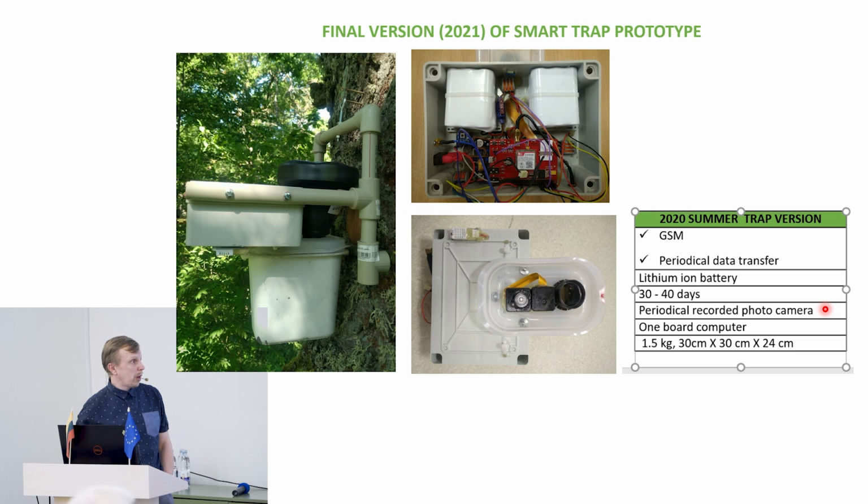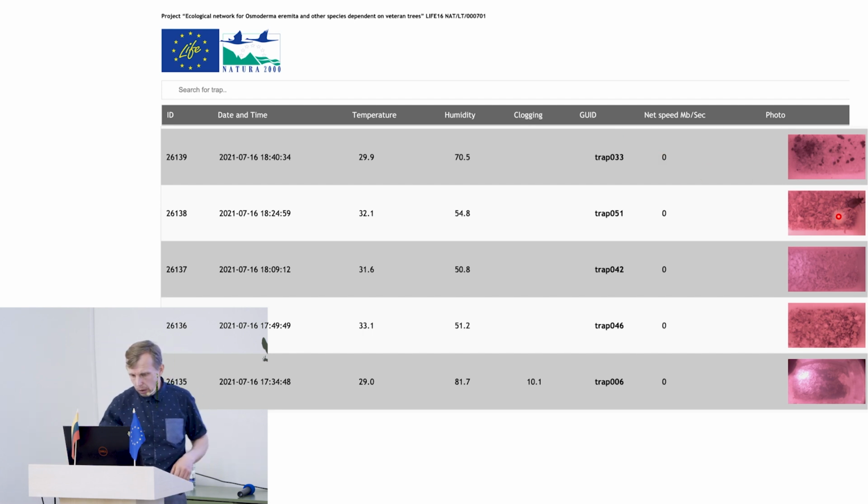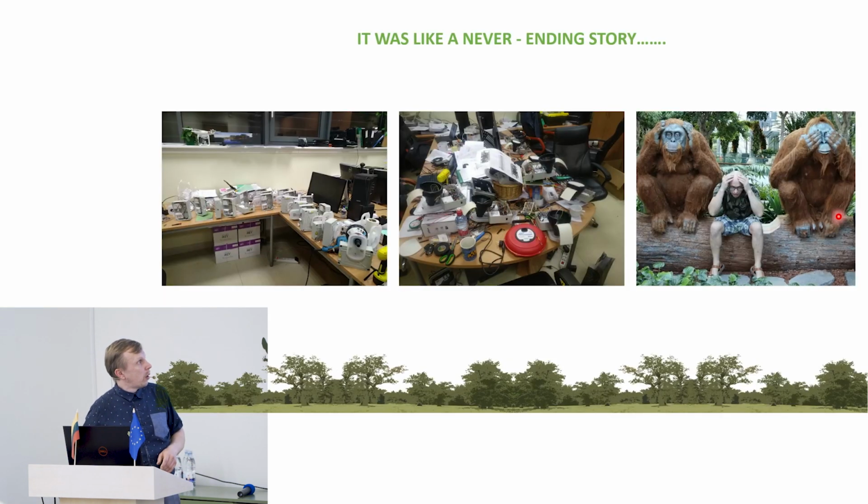It has a periodically recording photo camera and an onboard computer. From our data server, we can receive such information from each trap: temperature, humidity, trap number, and also a photo. Here you can also see a beetle specimen.